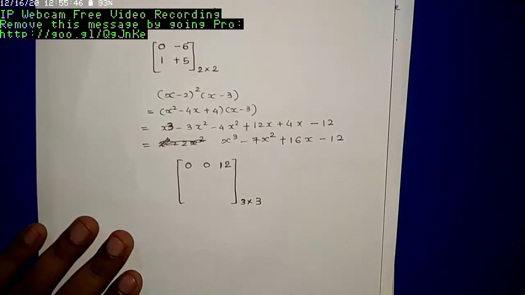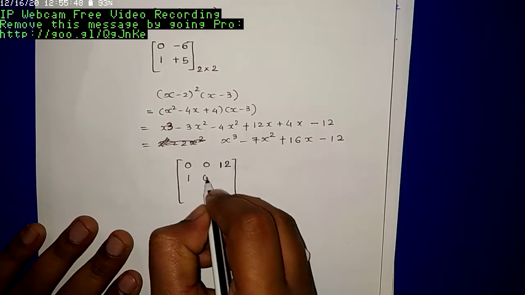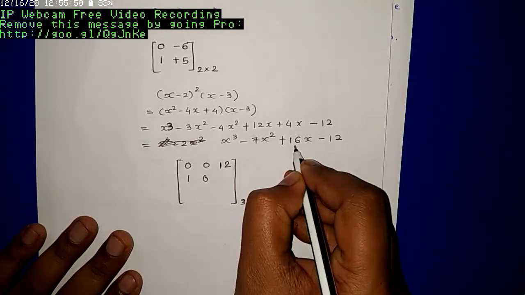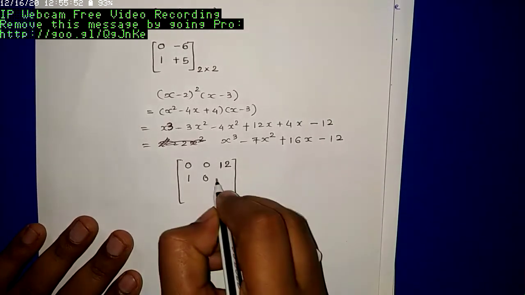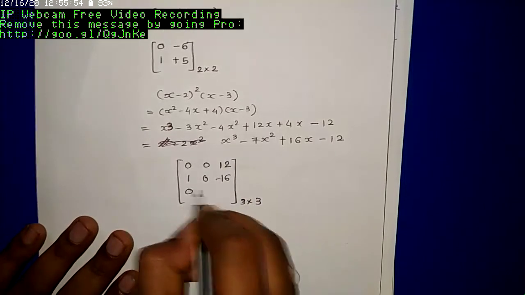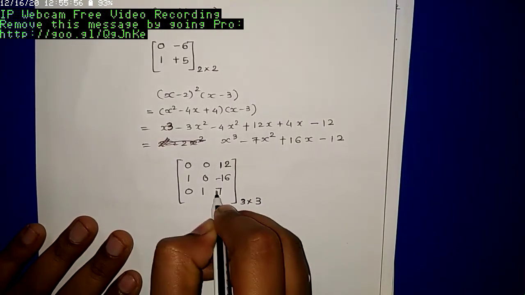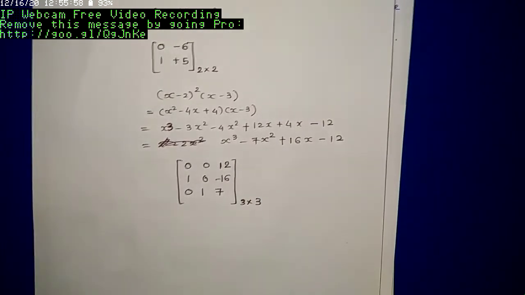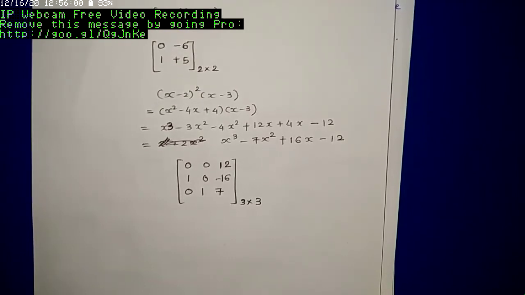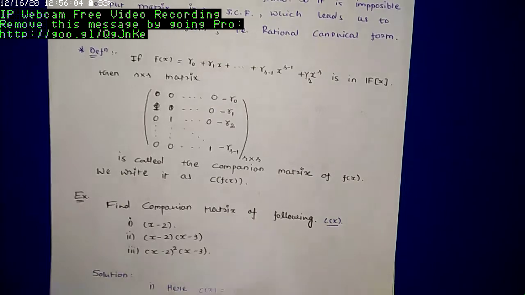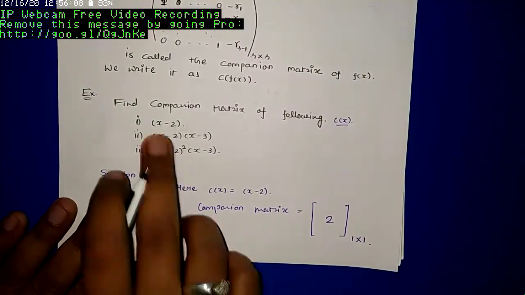Next column 1 0 minus 16. Next column 0 1 plus 7. So this is the companion matrix of your given polynomial, which you can already write in your notes. This is the companion matrix for this.